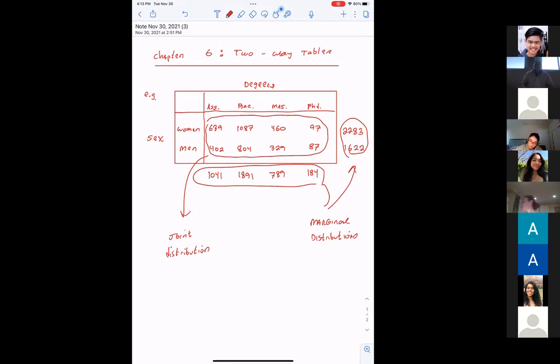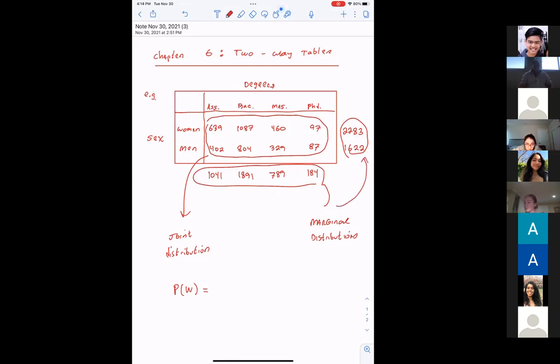So if I ask, for example, the probability that a person chosen at random is a woman, would I use the joint distribution or would I use one of the marginal distributions? I'd use a marginal distribution.